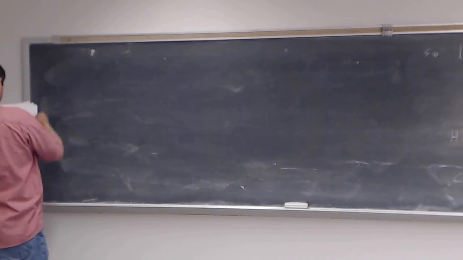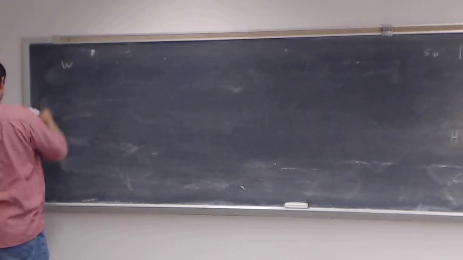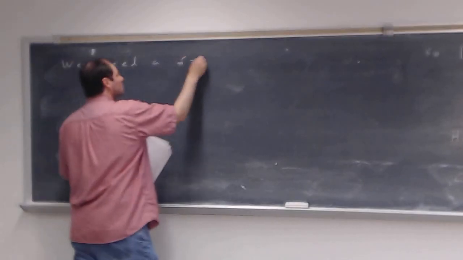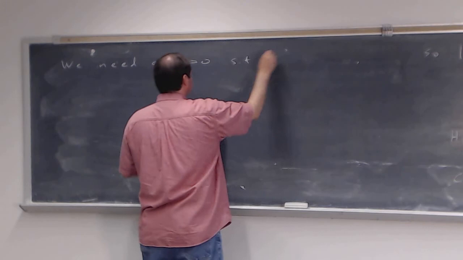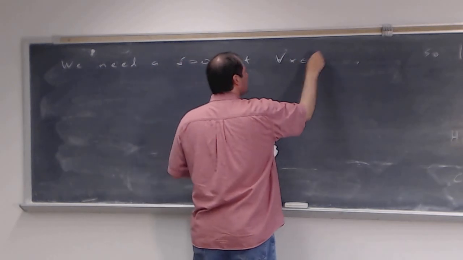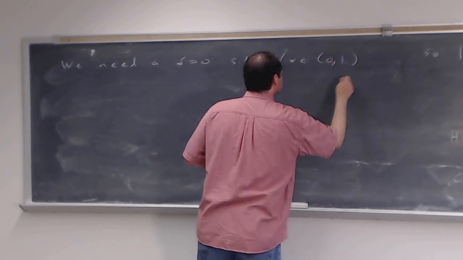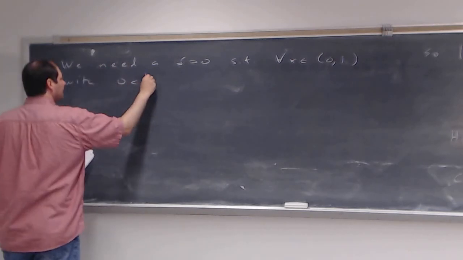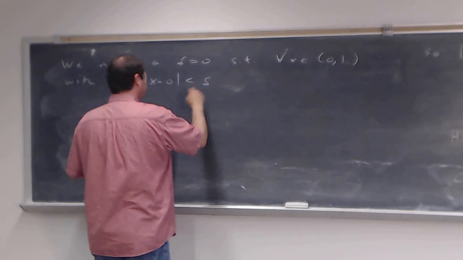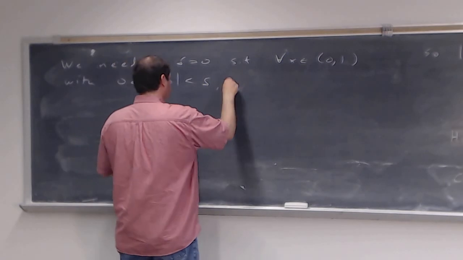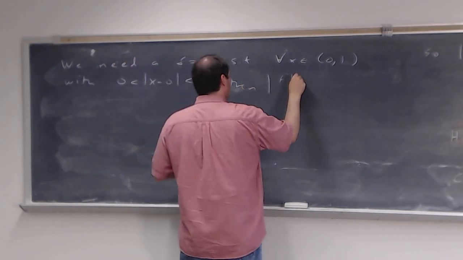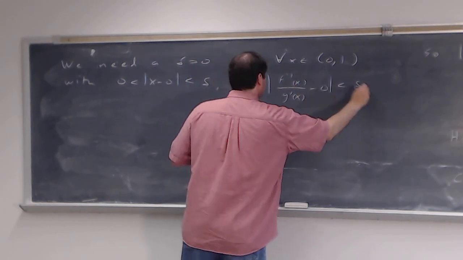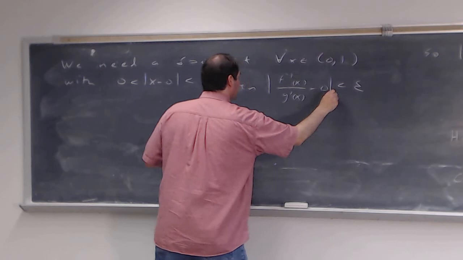We need a delta greater than 0, such that for all x element of (0, 1), with 0 less than |x minus 0| less than delta, this is the real, then the norm of f prime of x over g prime of x minus 0 is less than epsilon. Complex.